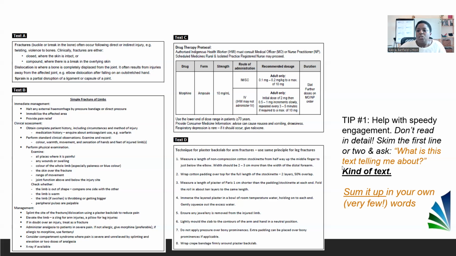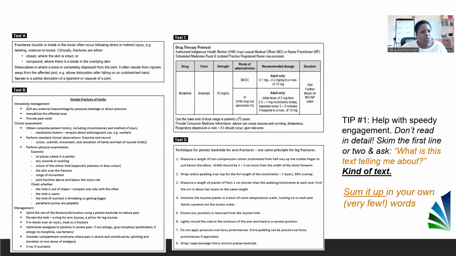Okay. So taking a look at these texts, see if you can sum up what kind of text is text A. It starts off saying, fractures often occur following, okay? Dislocation is where a sprain is. How would you sum that up? Simple fracture of limbs.